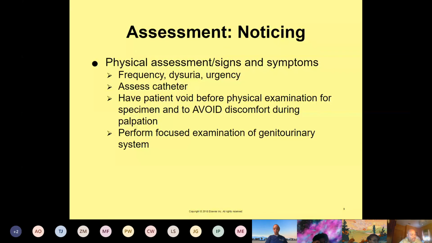A sudden onset of incontinence or a worsening of incontinence may be the only symptom of an elderly urinary tract infection. Fever, tachycardia, tachypnea, hypotension, even without any urinary symptoms, may be a sign of urosepsis. The patient is becoming septic because of the urinary infection.